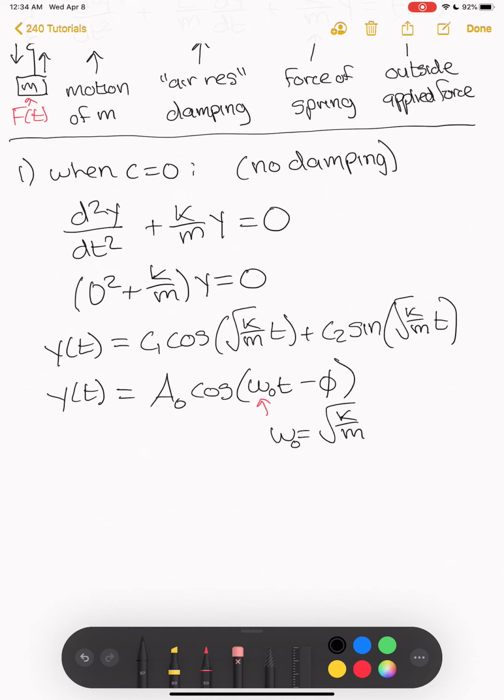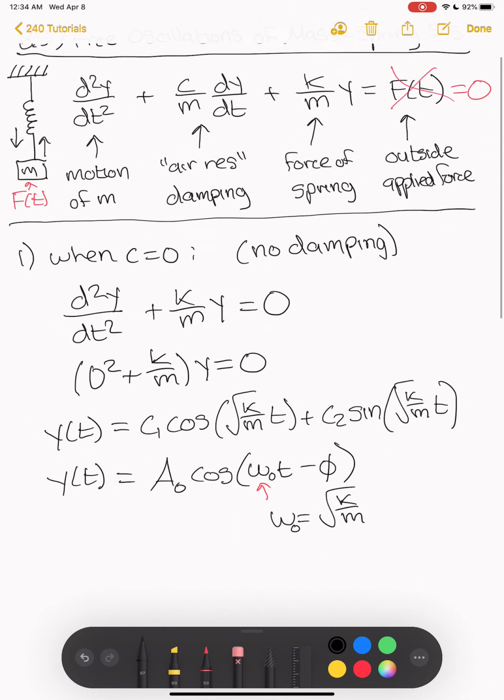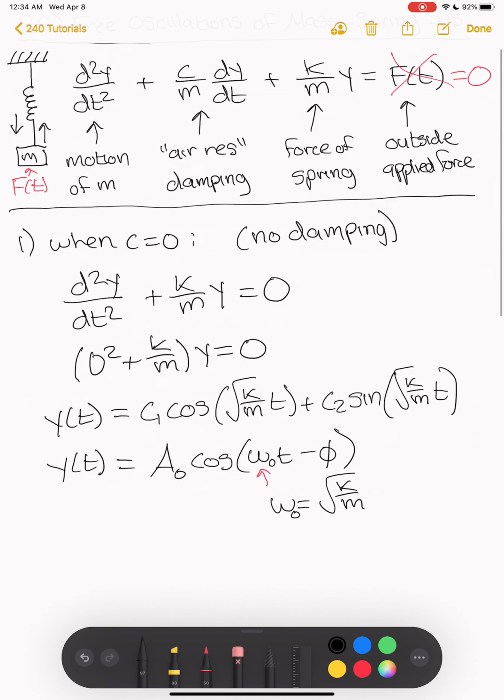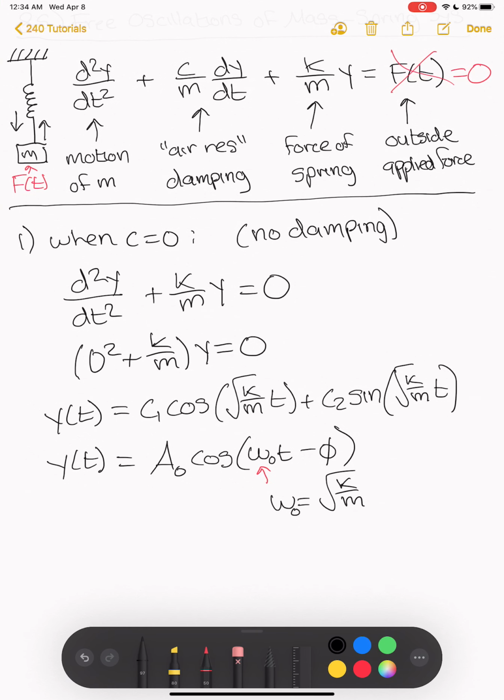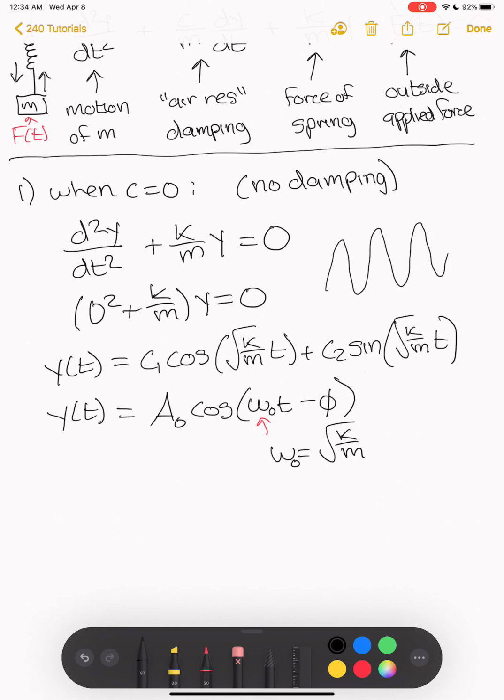This is the frequency that your system naturally wants to vibrate at. So if I let it go and I don't do anything with it, it will move like this, right? And it will move at some sort of natural frequency, defined by square root of k over m.